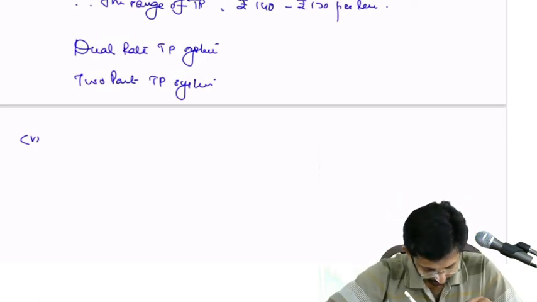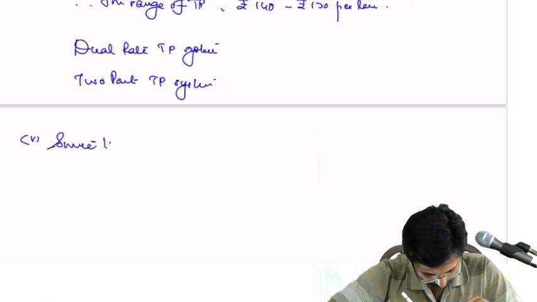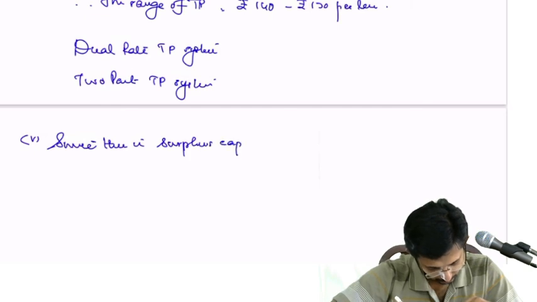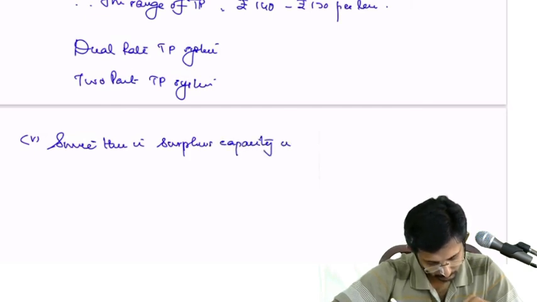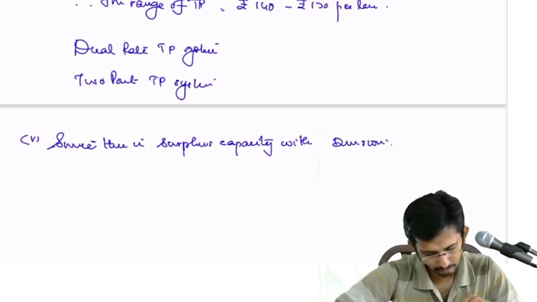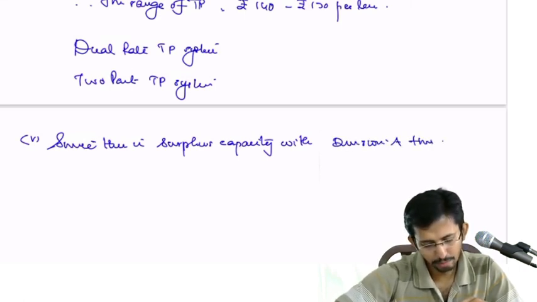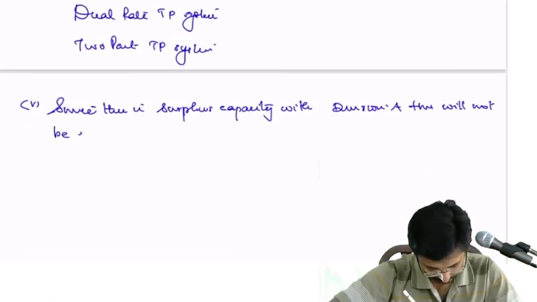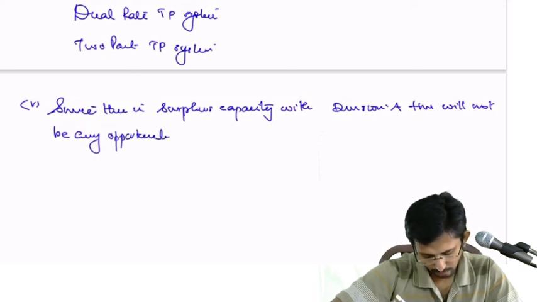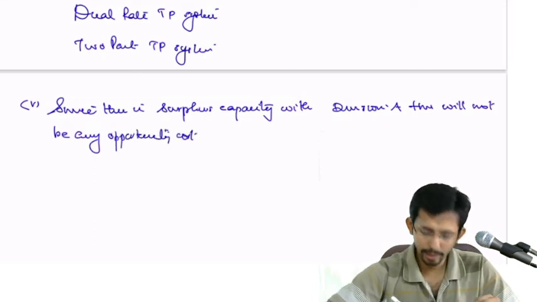So you can write, since there is surplus capacity with division A, there will not be any opportunity cost for internal transfer.